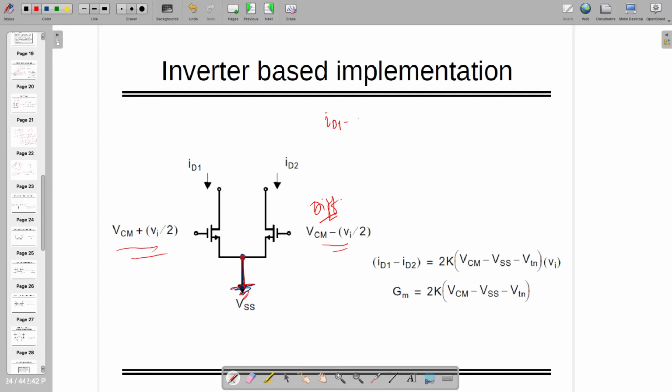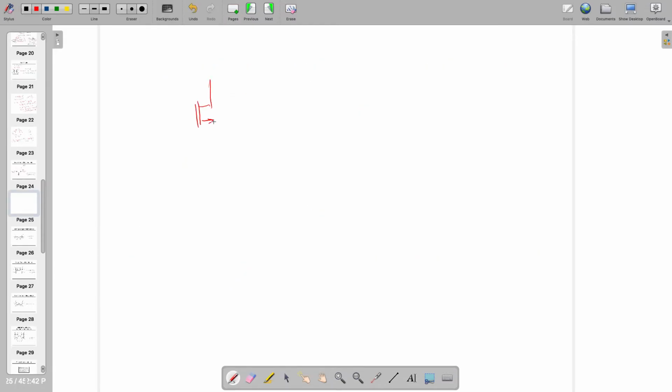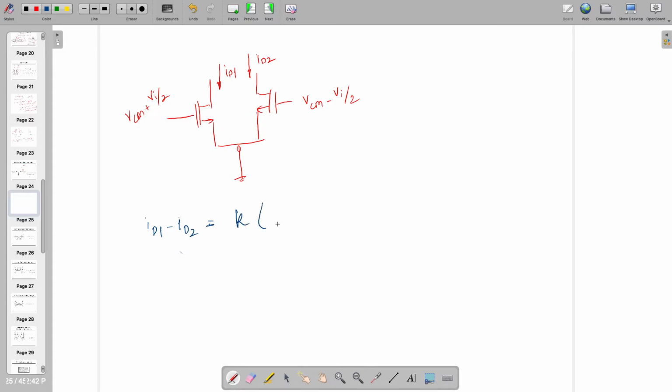ID1 minus ID2, so what will be ID1 minus ID2, by the way? K times, so you have to follow this equation.